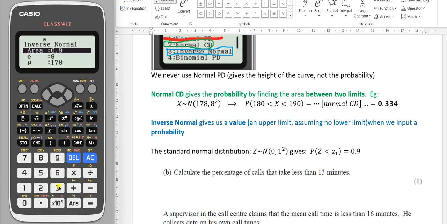When we go into inverse normal, we put in 0.9, but for our sigma, we put in 1, and for mu, we put in 0. 1.28 is not just a number, it's a number that corresponds to the number of ones above 0, which in this context is equivalent to saying the number of standard deviations above the mean.